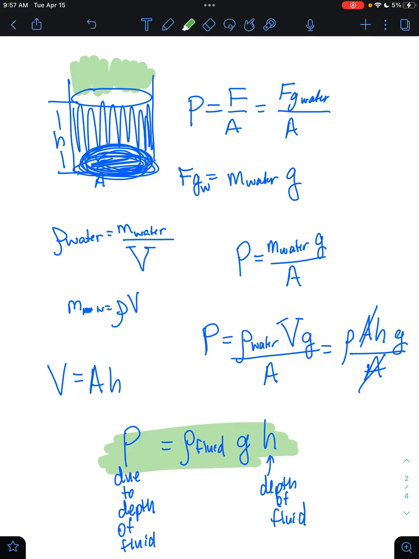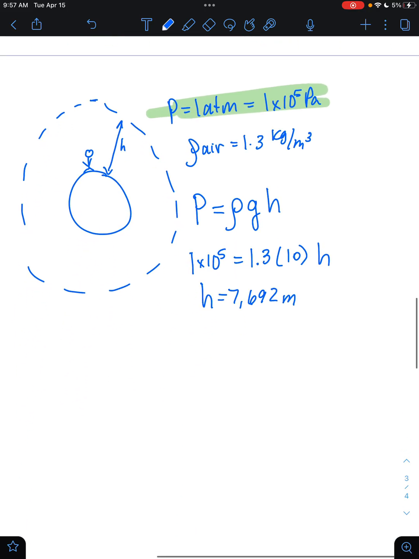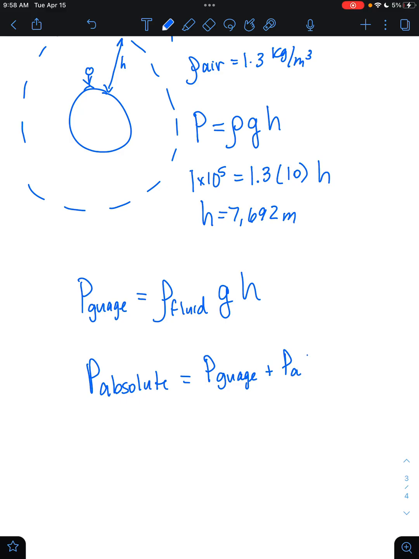And so that's why they sometimes talk about the difference between gauge pressure and absolute pressure. If they're talking about just the gauge pressure, they're talking about just the pressure due to the new fluid besides the air: rho times g times that depth. But when they're talking about absolute pressure, that means the total pressure you're under, which is your gauge pressure plus your atmospheric pressure.